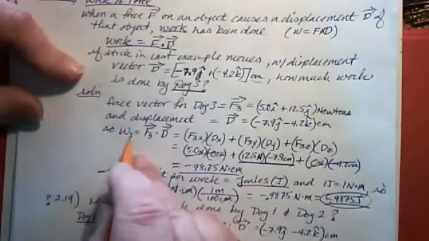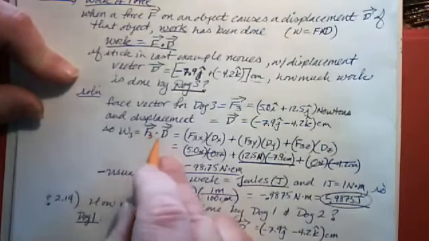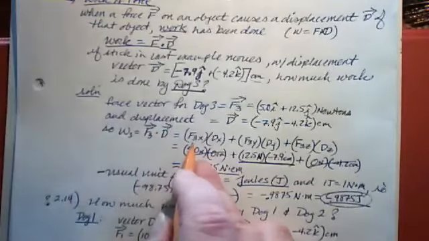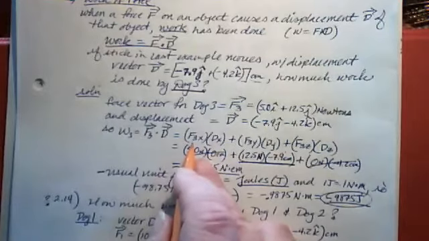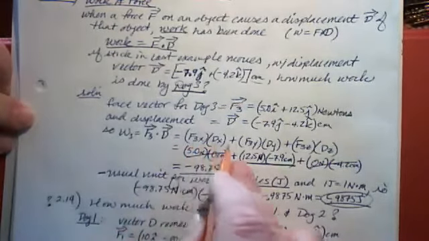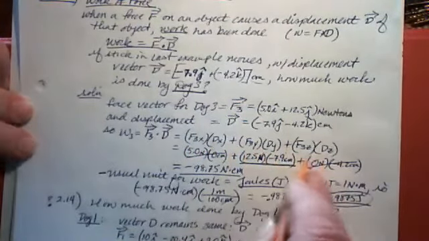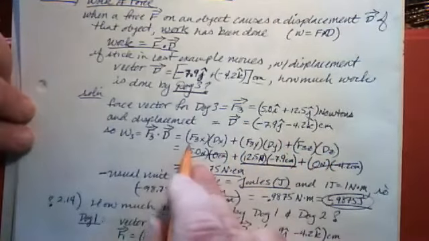So the work of dog number 3, which we'll call W3, is just vector F3 dot vector D. So again, it's just the x coordinates multiplied together, plus the y coordinates multiplied by each other, plus the z coordinates multiplied by each other.